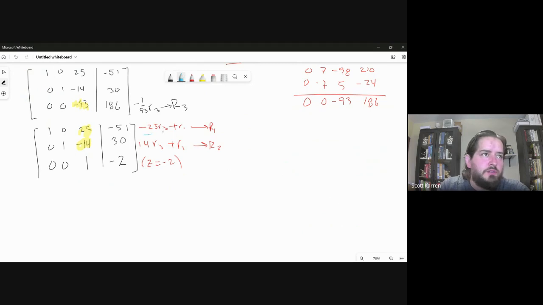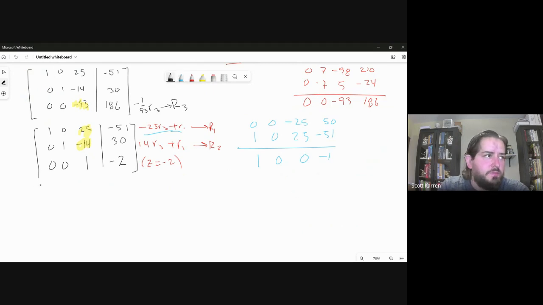So negative 25 times row 3 gives me a negative 25 and a positive 50. And if I add that to row 1, that's just 1, 0, 25, and negative 51. So that's 1, 0, 0, negative 1.